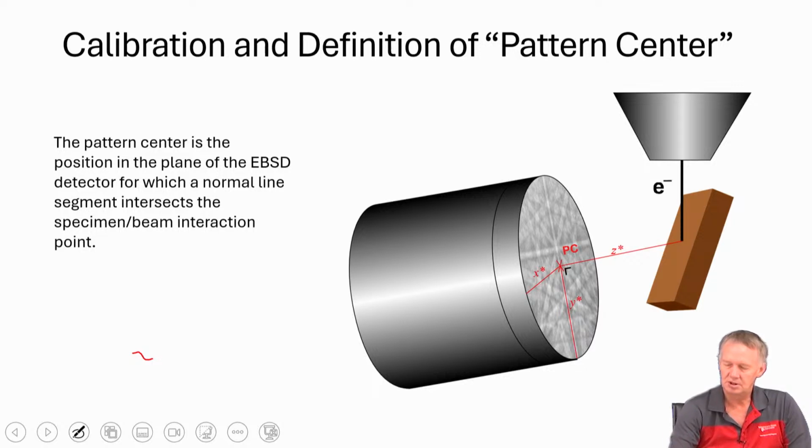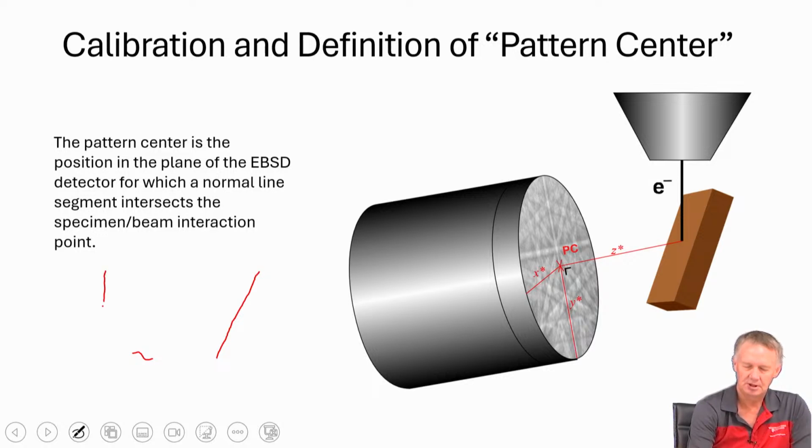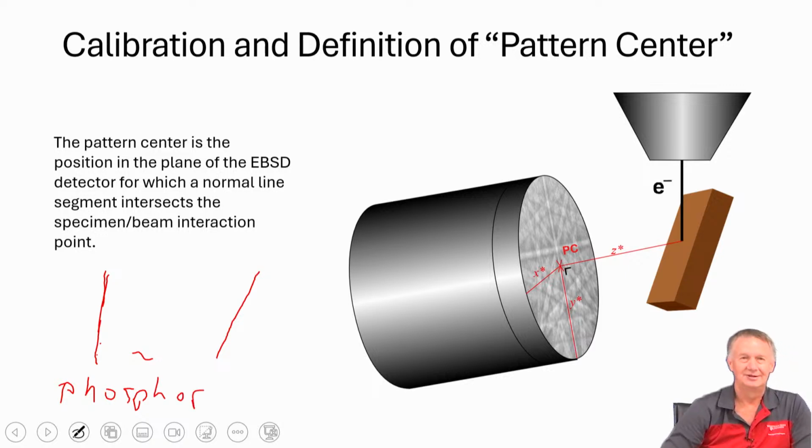All right, so if we're looking, I can't do that, I have to actually draw. Okay. So then if you just consider a simple geometry, so this is your specimen, this is your phosphor screen. I should label this because drawing with my finger, it looked like a second grader drawing up there, but that's okay.